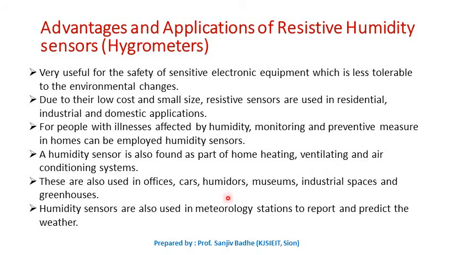They can be used at various places to monitor the humidity. This is the major use actually, in meteorology stations to report and predict the weather. So these are various advantages and applications of resistive humidity sensors.